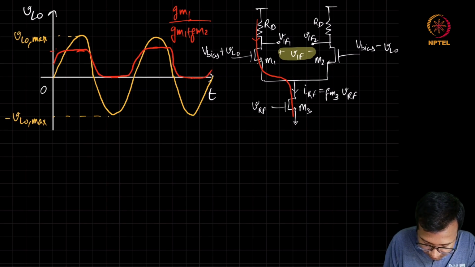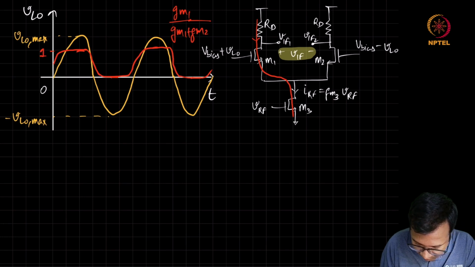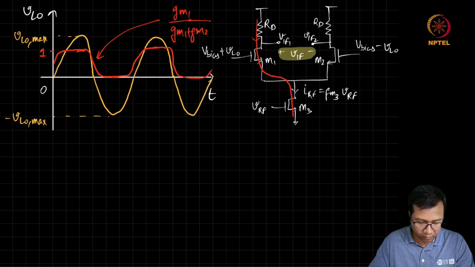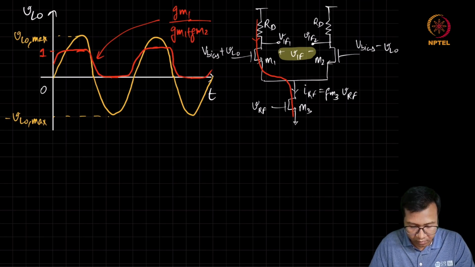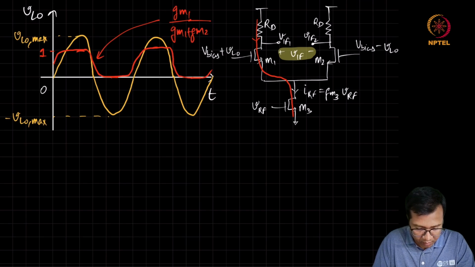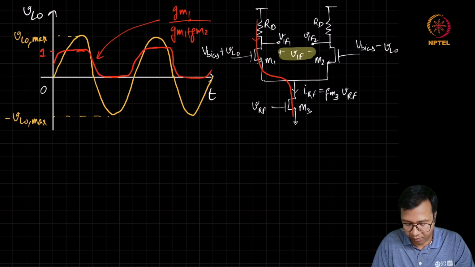So this coefficient is toggling between 1 and 0. And there is definitely a nonlinear relationship between VLO and this coefficient. But we are interested in only maximizing the product at the IF. So for that reason, we are allowing nonlinearity to take place.